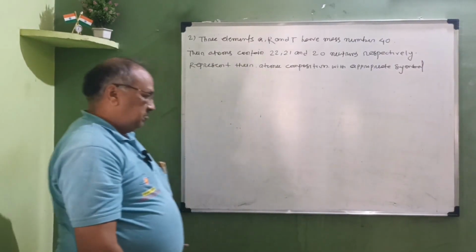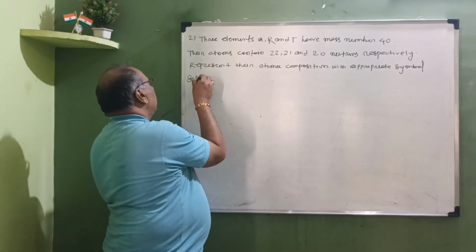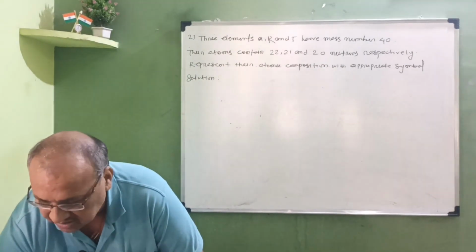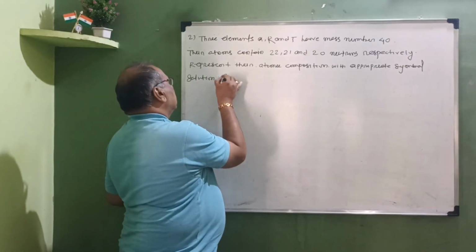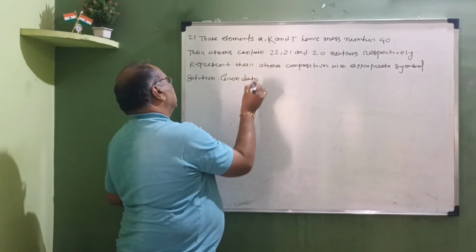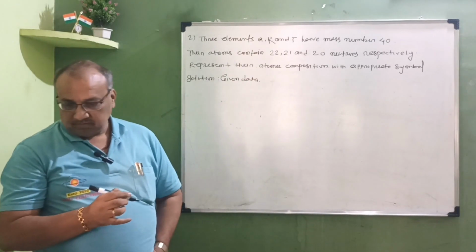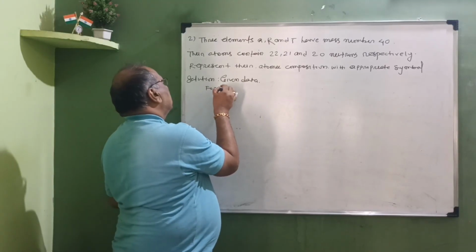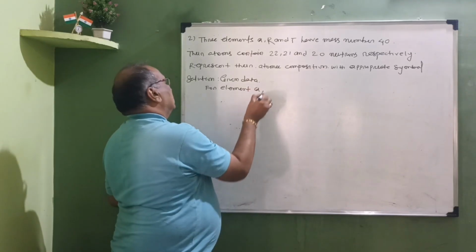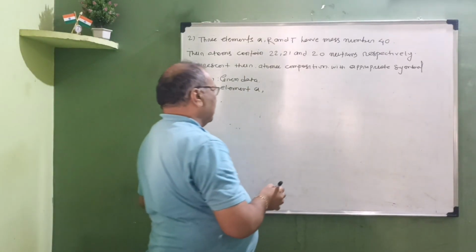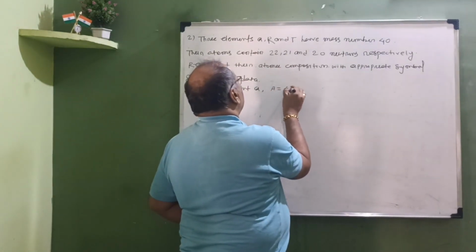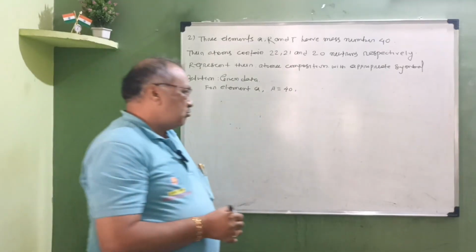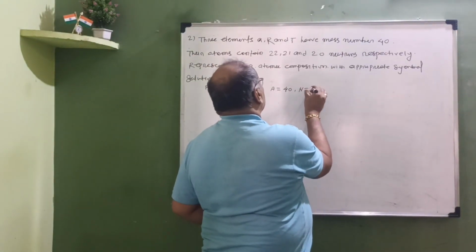Now we write down the solution. Here given data: now for element Q, mass number is given, that is A is equal to 40, comma, neutrons are also given, that is N is equal to 22.